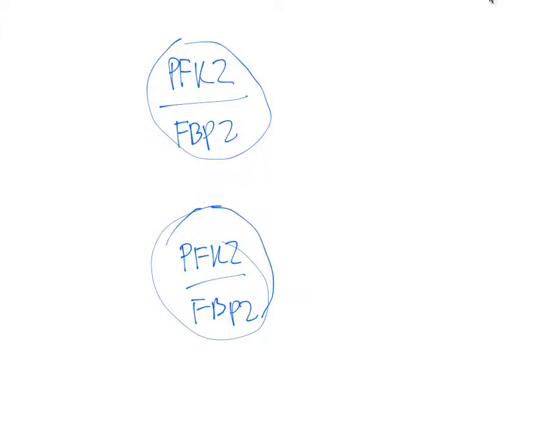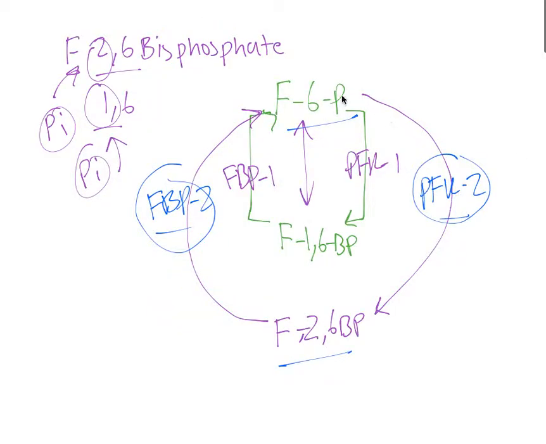When this first one is not phosphorylated, meaning it has a hydroxyl group on it, the PFK section of it is going to be activated. Well, what does this PFK2 section do? This PFK2 is going to allow us to get from fructose 6-phosphate to fructose 2,6-bisphosphate. That's what this PFK is going to do.